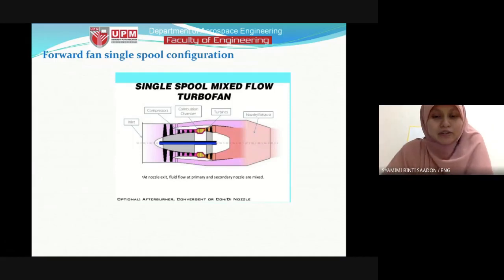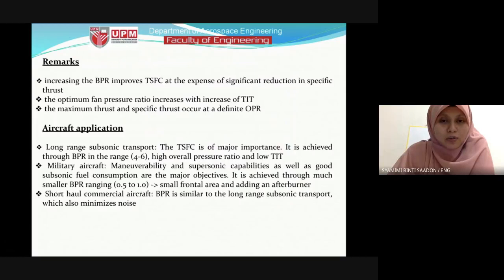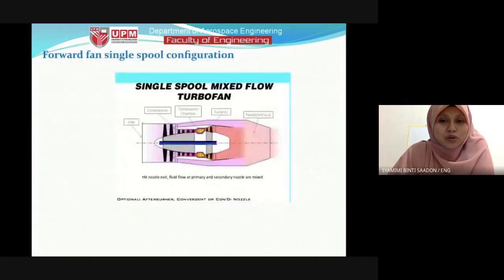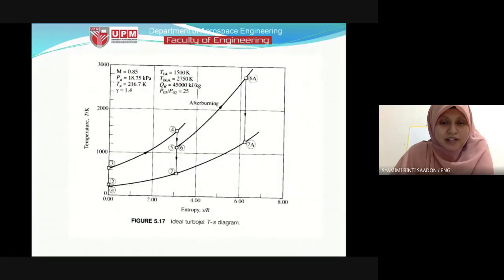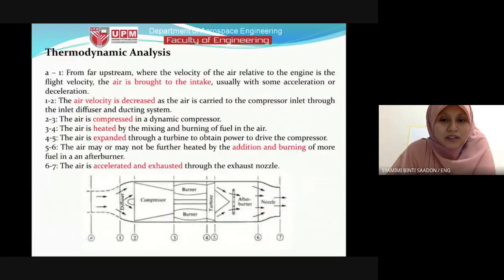The description of the turbofan and turbojet engine: the outcome from this chapter is for you to understand the detailed thermodynamic process of the turbojet and turbofan engine.